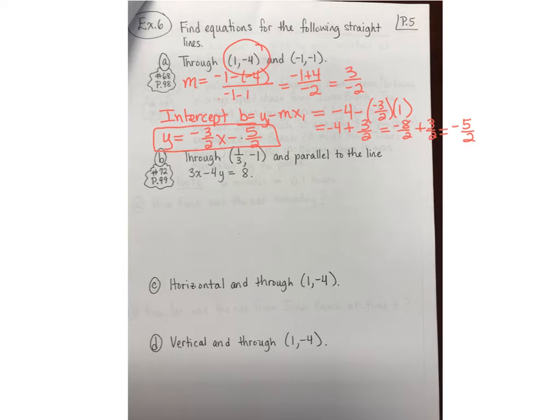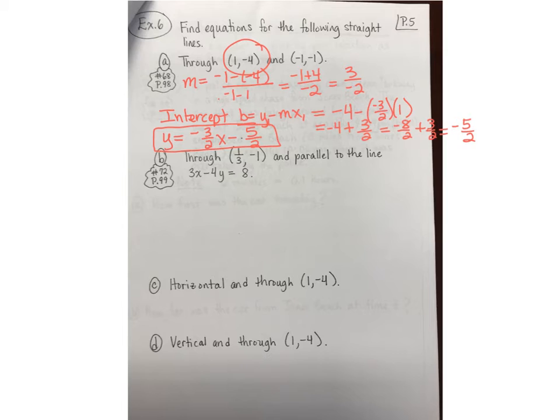Now we want to do part B. We want to find an equation for the straight line that goes through the point (1/3, -1) and is parallel to the line 3x minus 4y equals 8. So we want to find the slope. So it suffices for us to take this equation that we've been given and find the slope of that line.